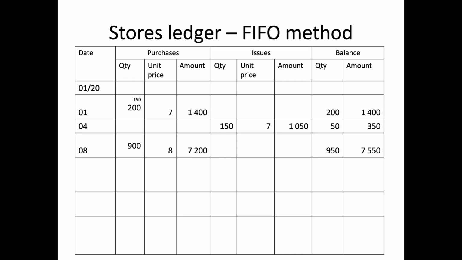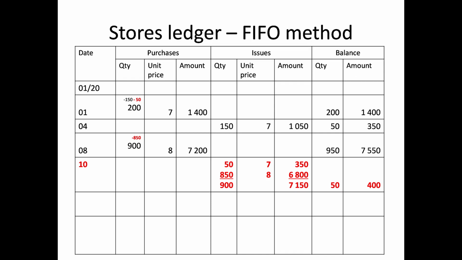Next transaction. 10th of January, sold 900 units. So under date it's 10 and under quantity you are going to issue 900 units. Now go to your oldest inventory, that is the inventory which you purchased on 1st January. What's the remaining quantity there? The remaining quantity is 200 minus 150, only 50 units.